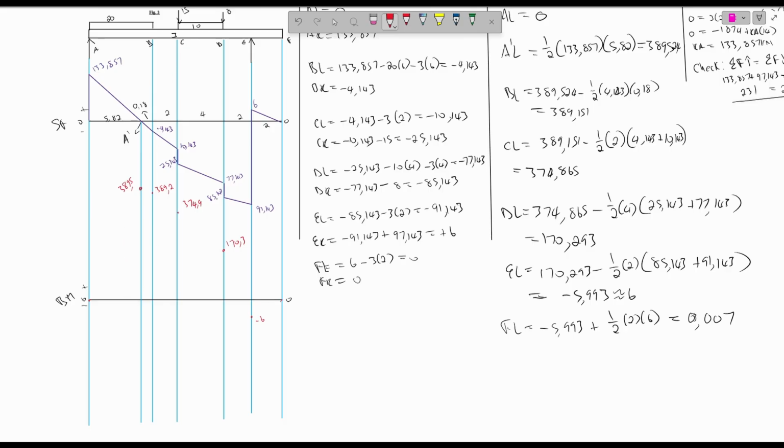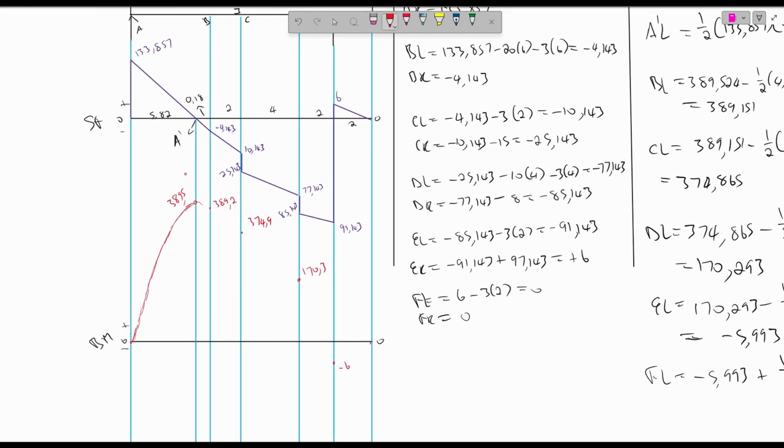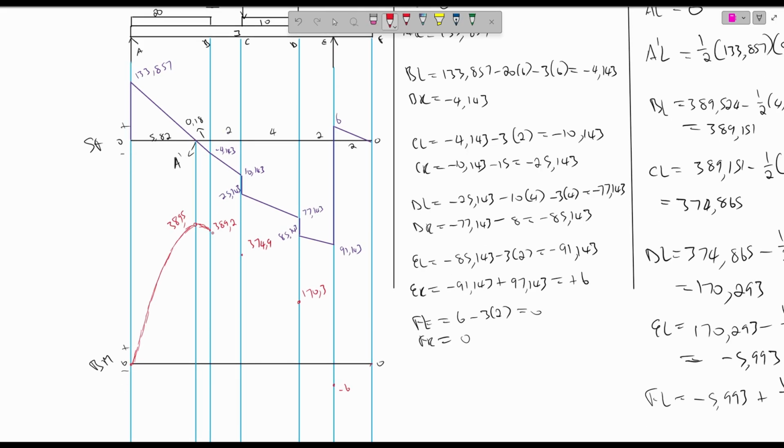So everything is going to be a curve. Still have a UDL there. Still have a UDL. Still have a UDL.